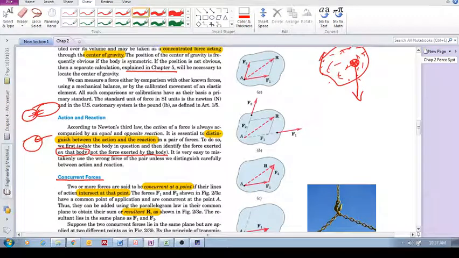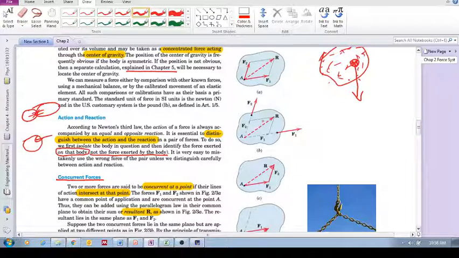So here we go. You've got two forces, F1 and F2. They are both being applied at point A, which means they are concurrent. Or they are being applied over there at that point and that point, but their lines of action coincide at a point.